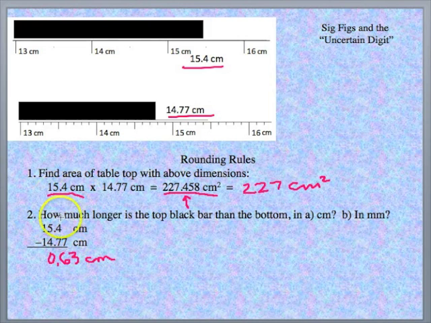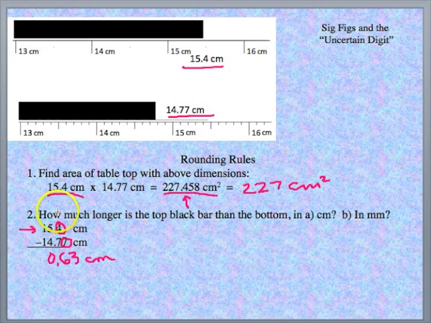Now, take a look here at the uncertain digits in each one of these. In the 15.4 case, the tenths digit, this 4, is the result of a guess. It is the uncertain digit. And in the lower number, the ending 7 is the result of a guess. It is the uncertain digit.